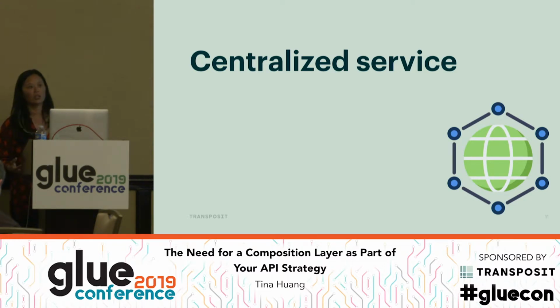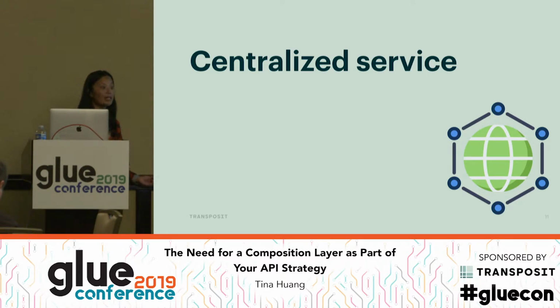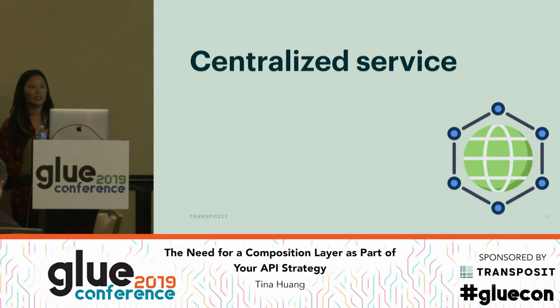And that contractor naively just called Salesforce too many times and blew through the rate limits. What this meant was the production application suddenly couldn't talk to one of their main backends, the Salesforce API. And so that basically meant that they had a production outage because of rate limits. So as you can see, centralizing this composition logic and being able to have control over things like rate limits can have a real impact on your end users.